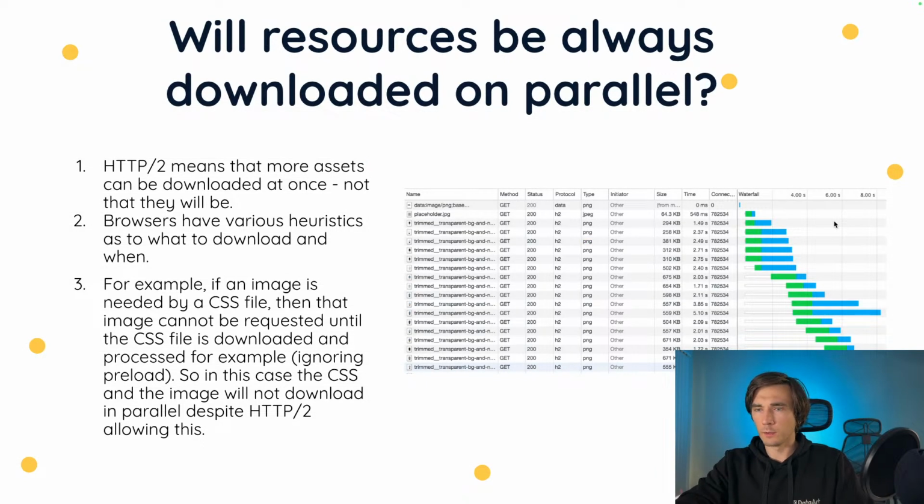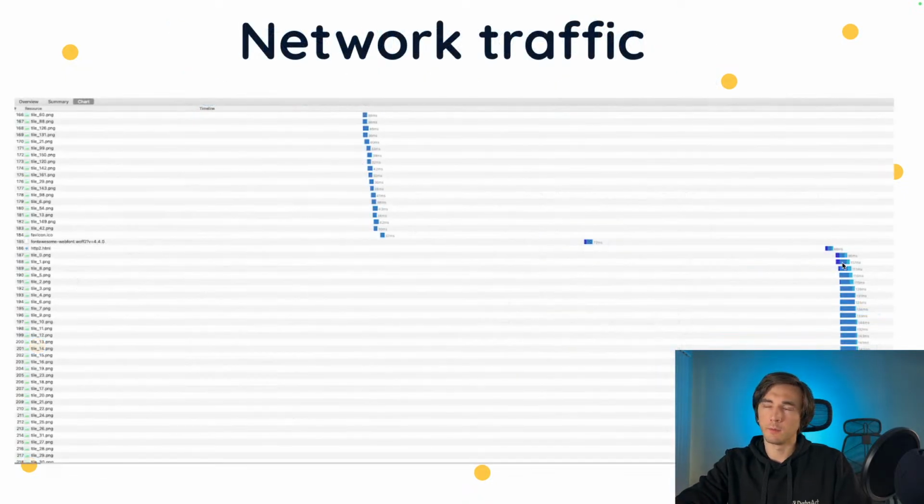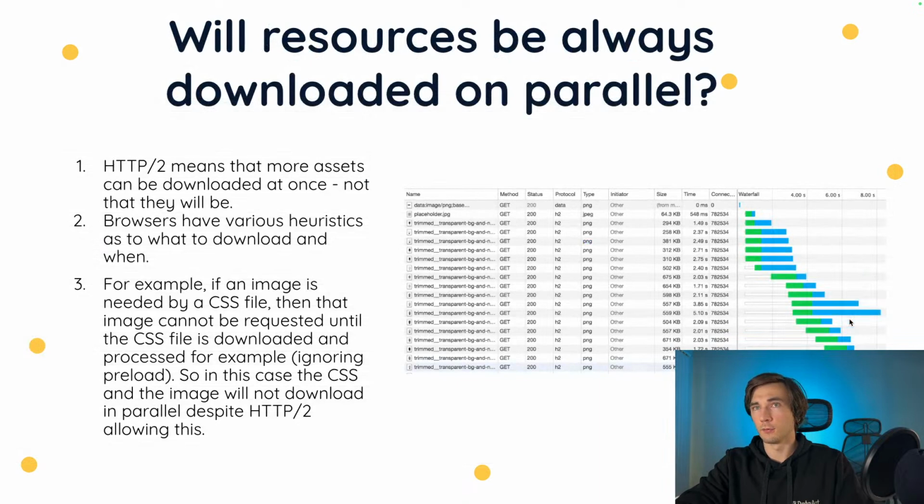And will they actually be processed and sent like we see on this picture, when everything is sent in parallel and processed in parallel, all the 180 resources? Actually, no. HTTP2 is not forcing the client to process everything in parallel or send everything in parallel. HTTP2 just allows you to process them in parallel, but it is not guaranteeing that it will work.